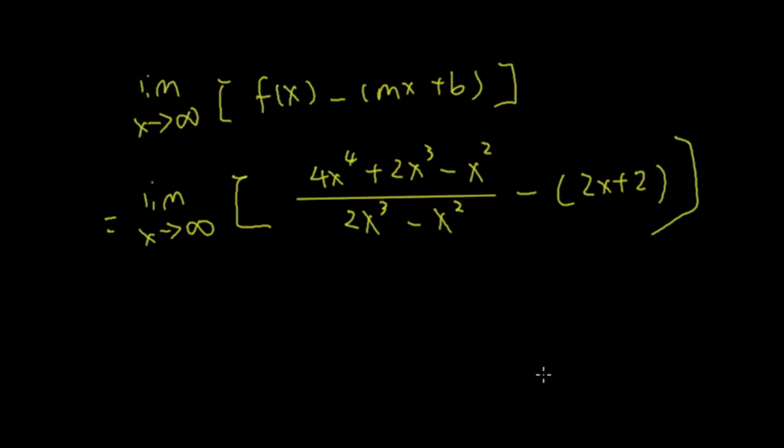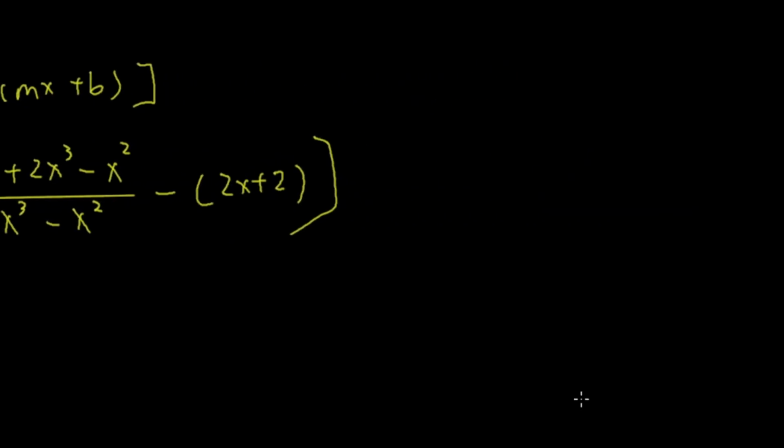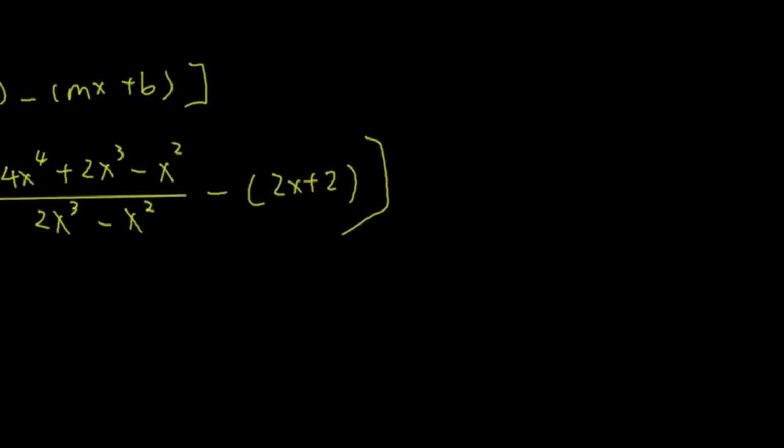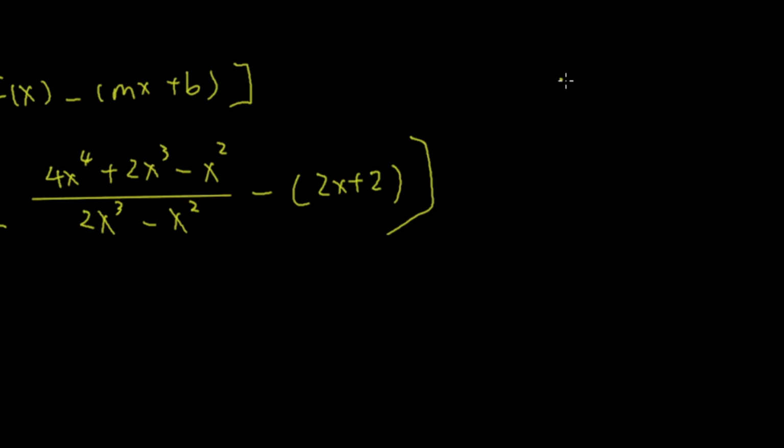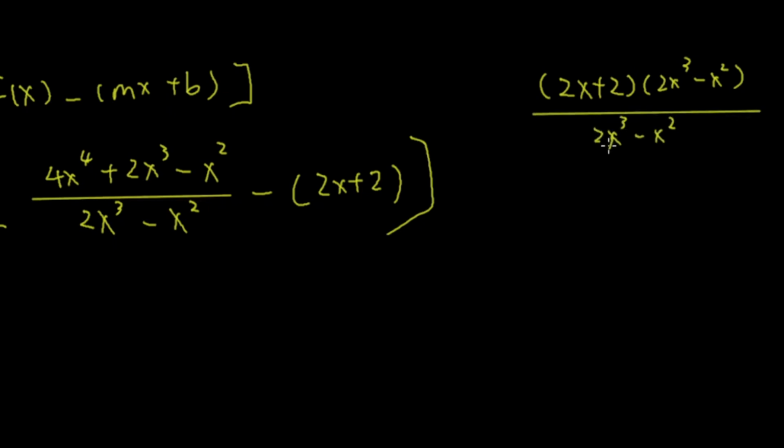Okay. Now, of course, we have to find the common denominator and then group these terms together. Here, 2x plus 2 multiplied by 2x cubed minus x squared, divided by 2x cubed minus x squared, right? So that I'm not changing anything.